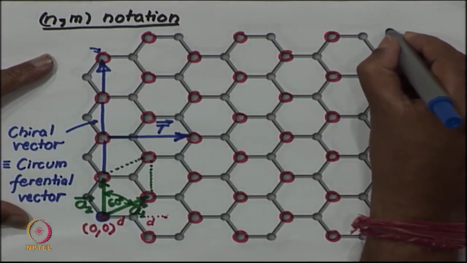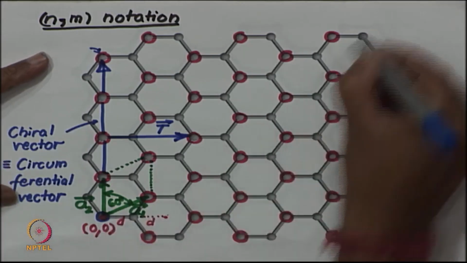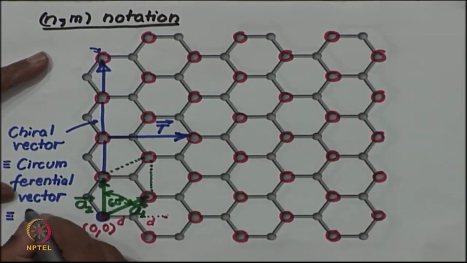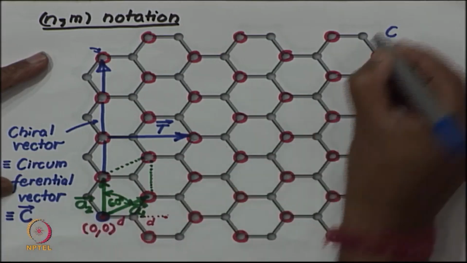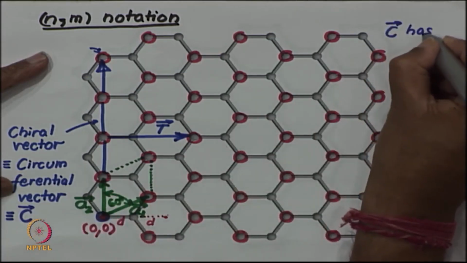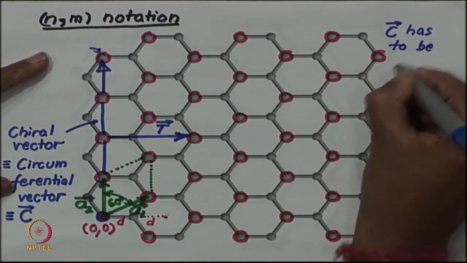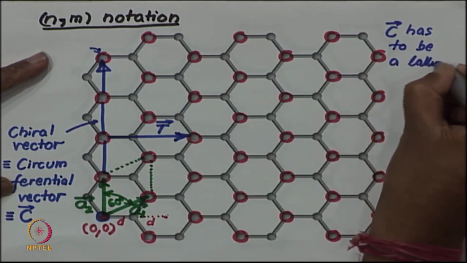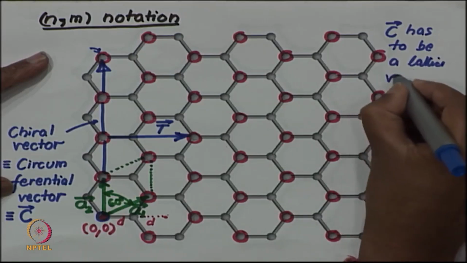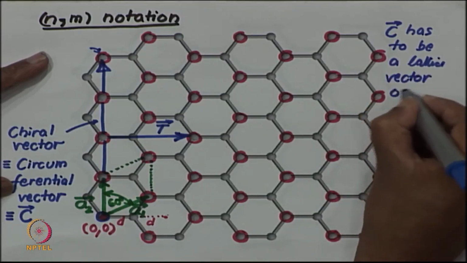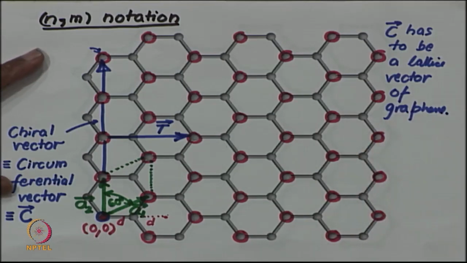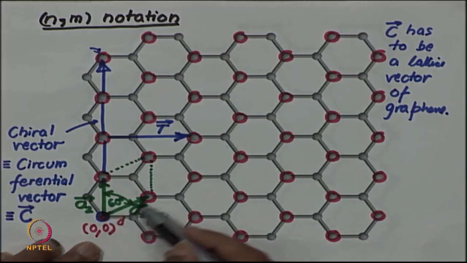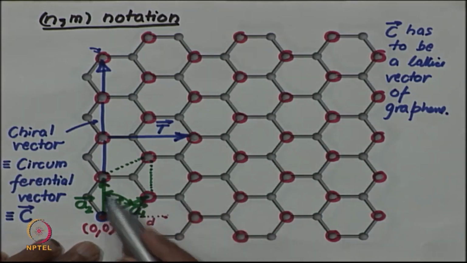So, the chiral vector, let us call this C, has to be a lattice vector of graphene, which means it can be expressed as a linear combination of the two basis vectors A1 and A2.